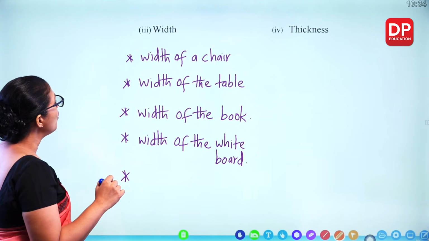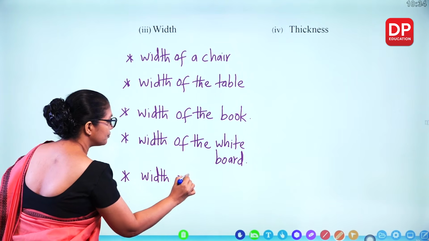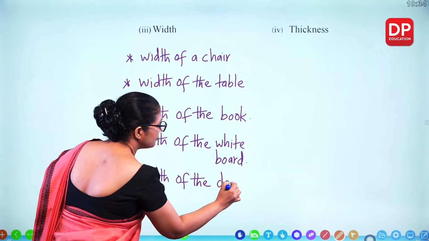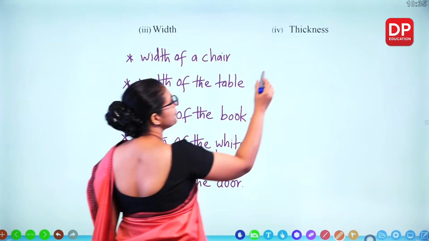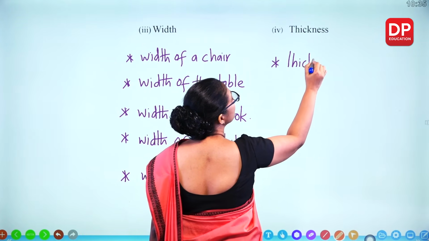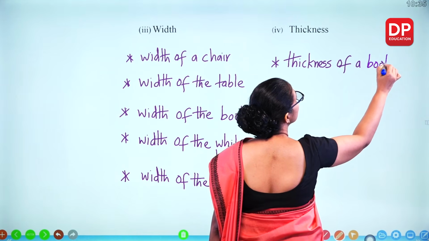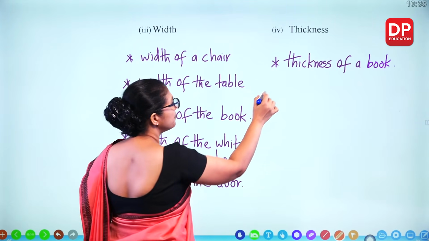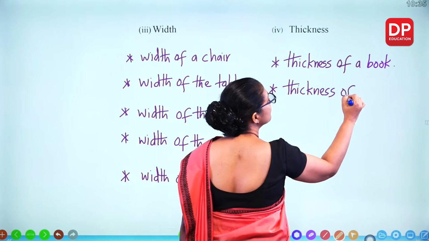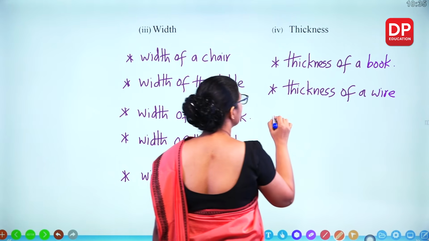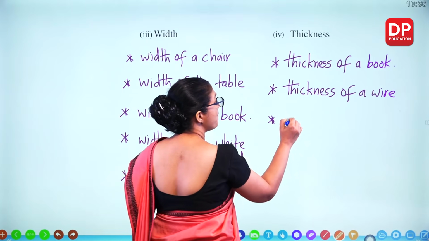And one more, width of the door. Thickness of a book. And thickness of a wire. What else?